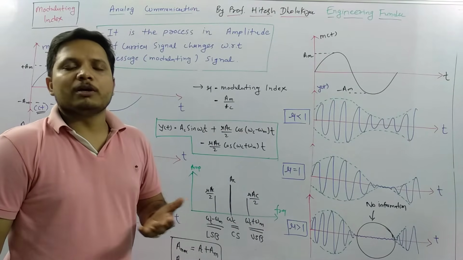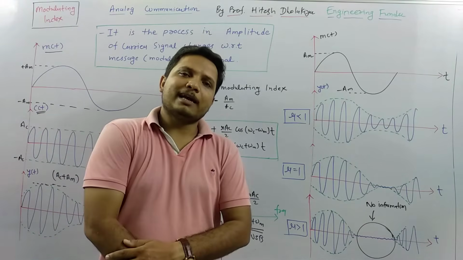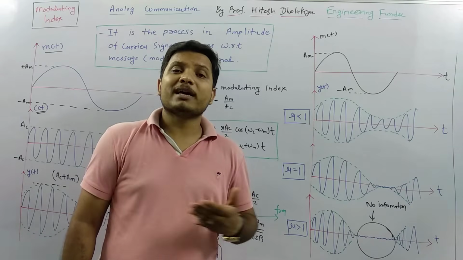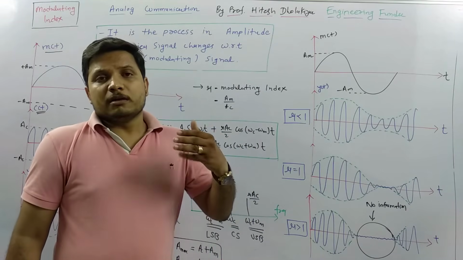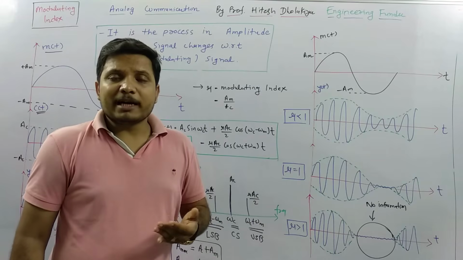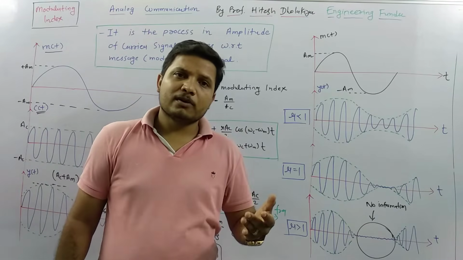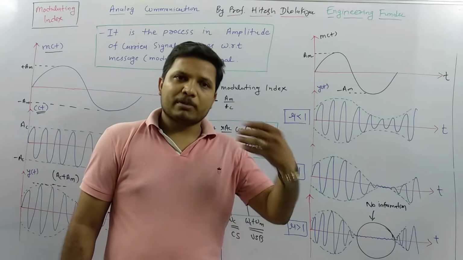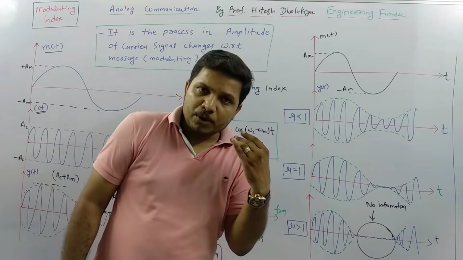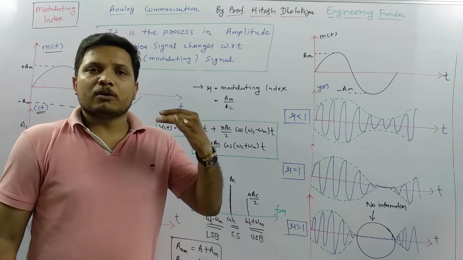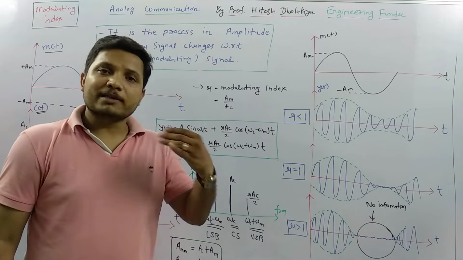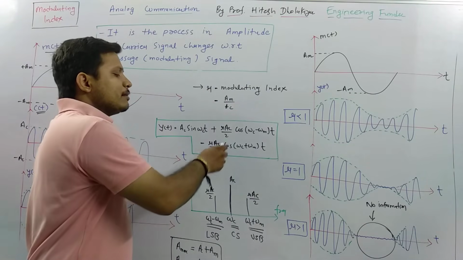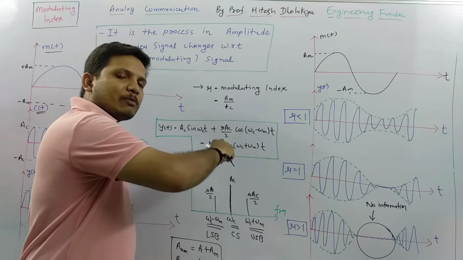So one should know the amplitude modulated signal, that is Ac sin omega c t plus mu Ac by 2 cos of (omega c minus omega m) t plus mu Ac by 2 cos of (omega c plus omega m) t, where here there is a negative sign, but there could be sine or there could be cos.